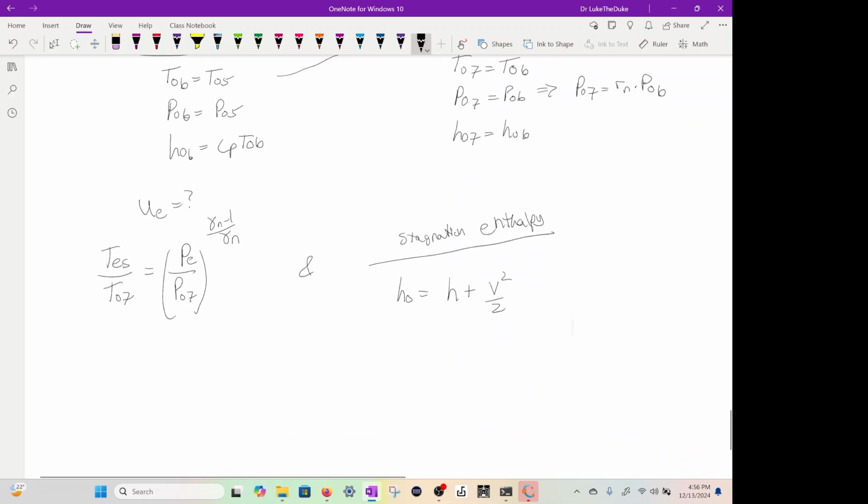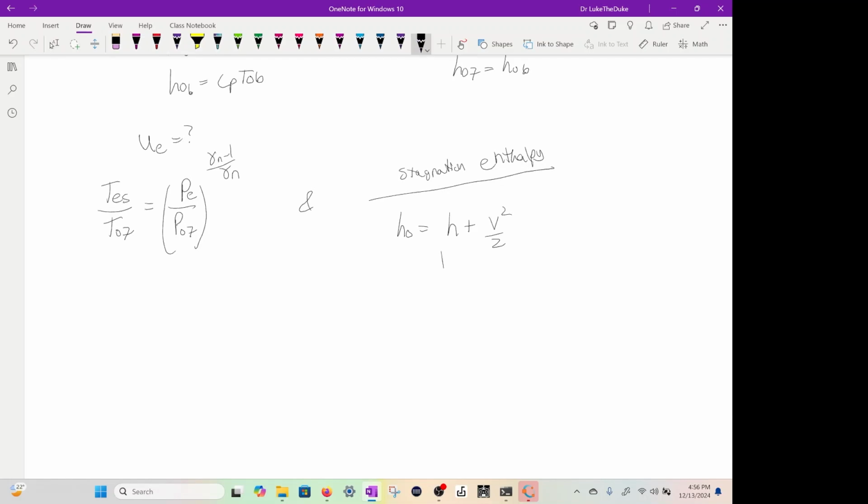We did this a long time ago. What we're going to do is we're going to call V UE, and these h naught and h are at 7. So it would be UE squared over 2 equals h naught 7 minus h7. Okay. Now, this we know from the efficiency equation is equal to eta n times h naught 7 minus h7s. Okay? Cool.